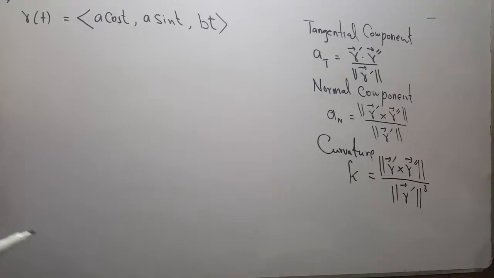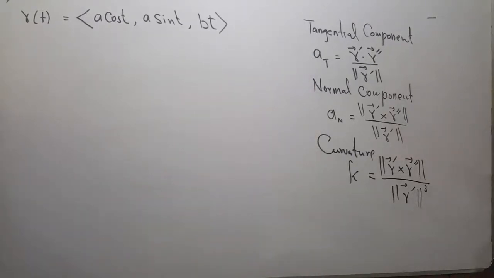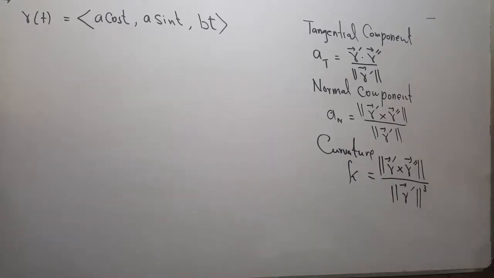And the final set of examples is to find out the tangential component of acceleration, the normal component of acceleration, and the curvature kappa. So the tangential component of acceleration, the formula is r prime dot r double prime divided by the magnitude of r prime.